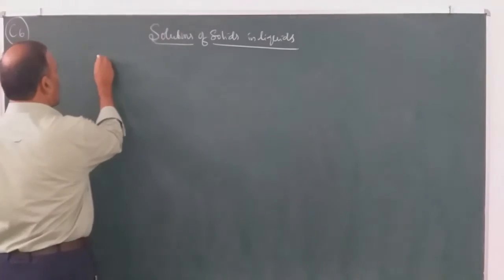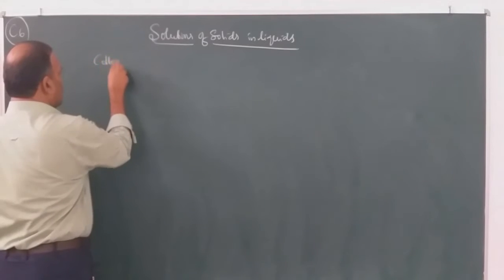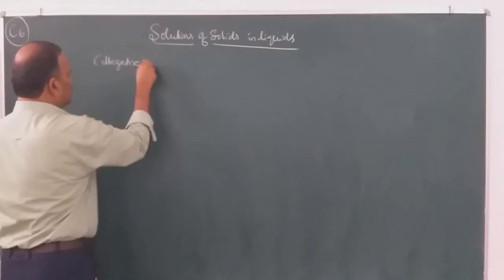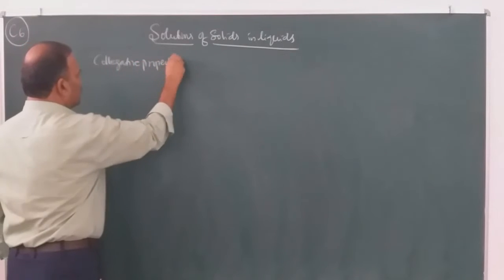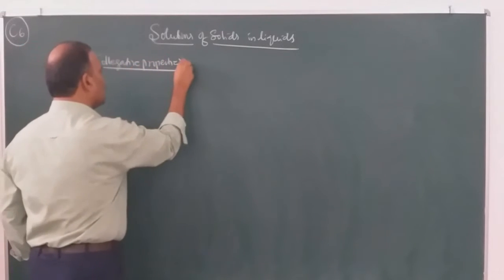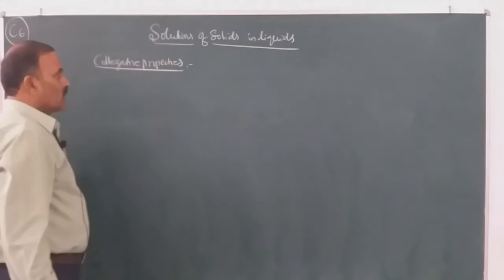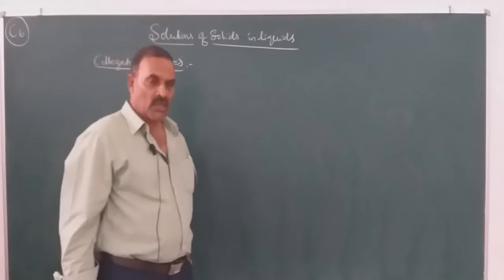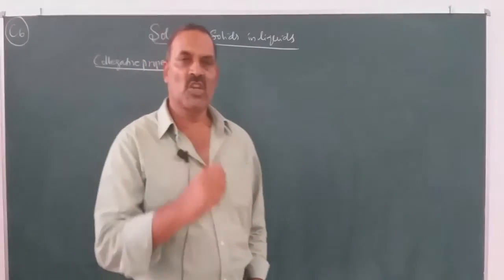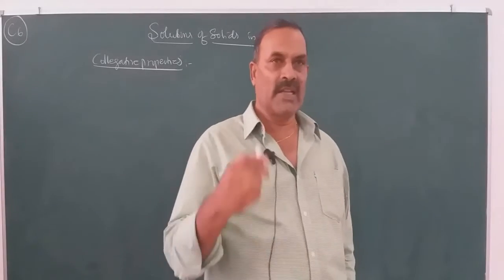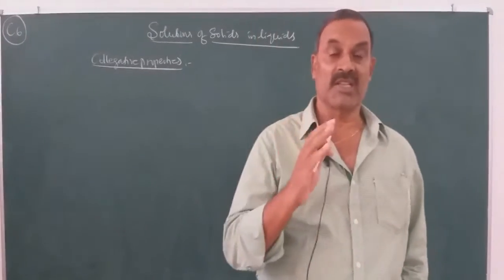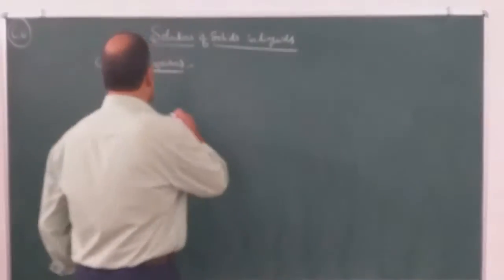So here first we will know what colligative properties are. This is very important. You will be asked the definition of colligative properties and to name some of them. So what are colligative properties?